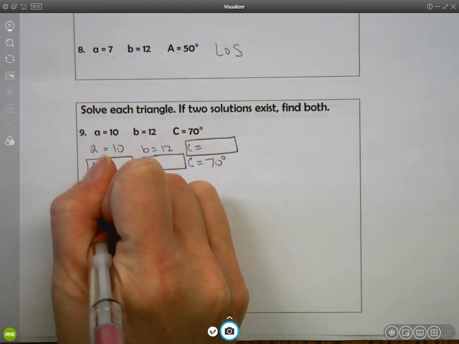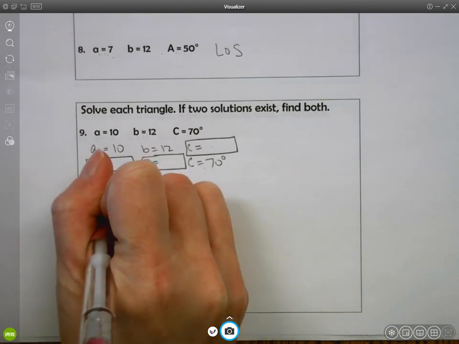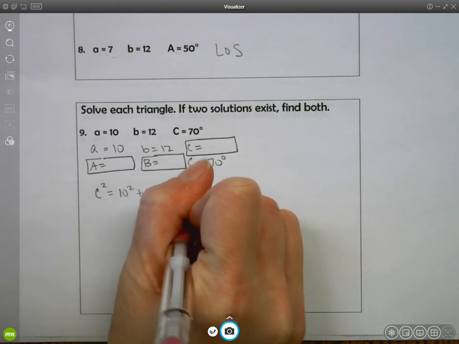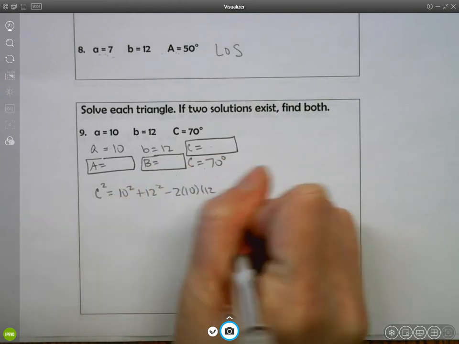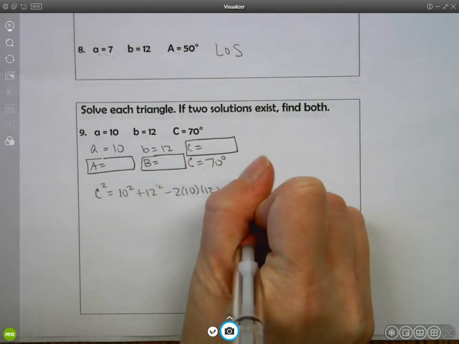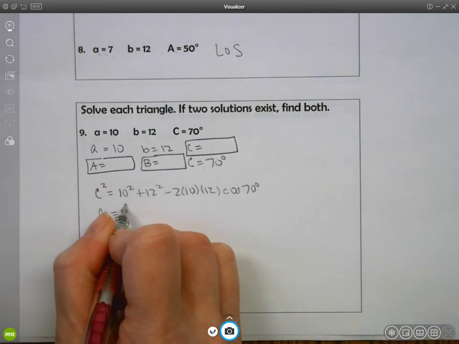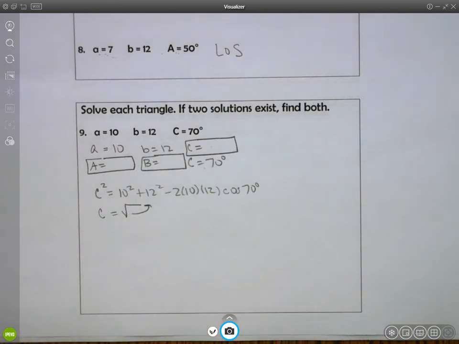So we can say C squared is equal to 10 squared plus 12 squared minus 2 times 10 times 12 cosine 70. And then we can just say C is equal to the square root of that.